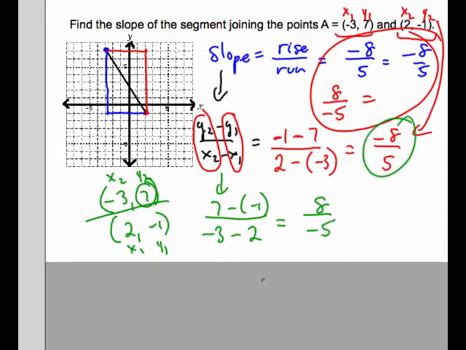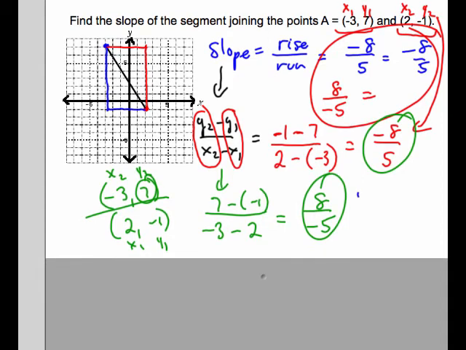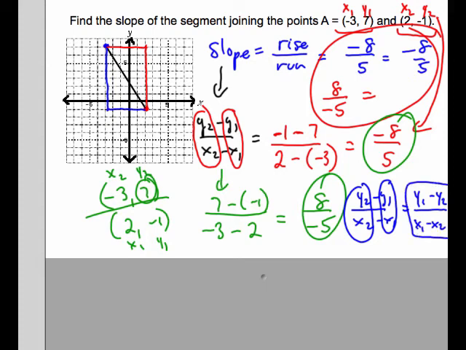You would have had 8 over negative 5, and we know that these two are the same. So as you can see, it doesn't matter which point is labeled 1 and which point is labeled 2. What's important is that these match and these match. So I could call the formula y1 minus y2, as long as on the bottom I had x1 minus x2. These are all equivalent.